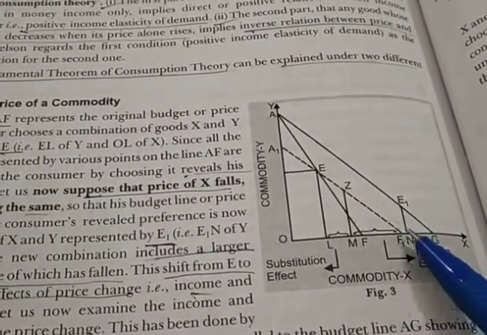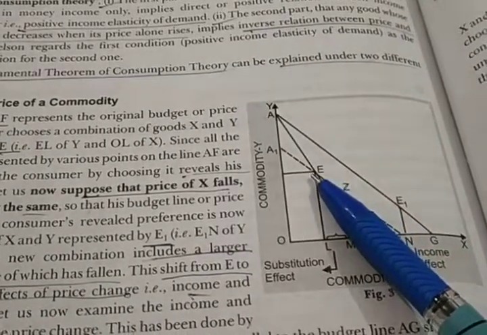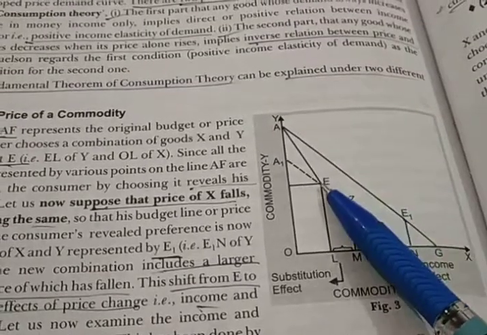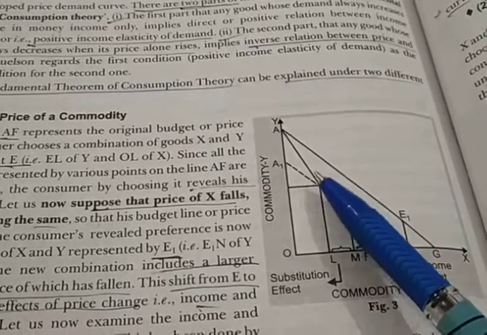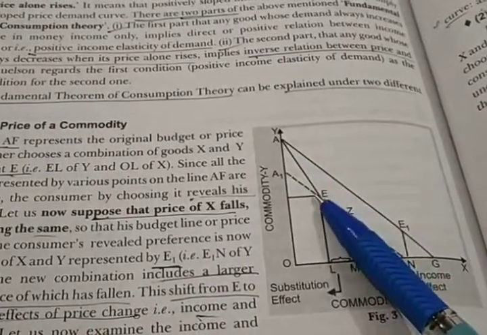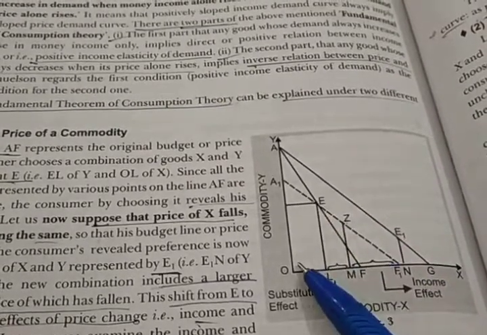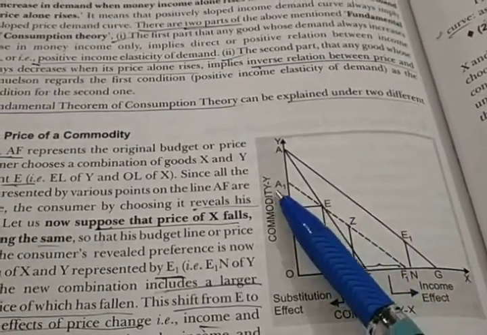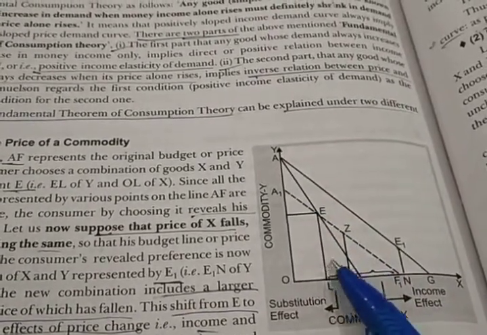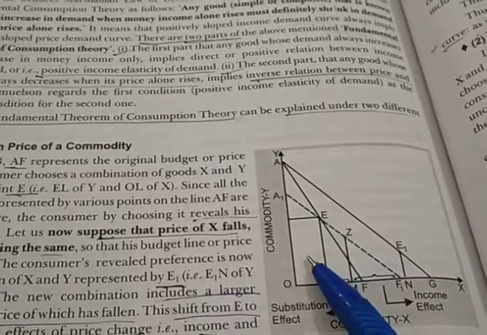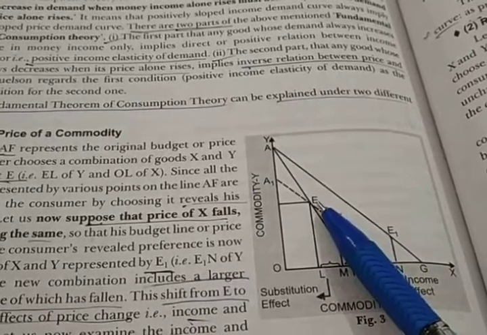Now on this very new price line A1F1, the consumer will not choose any combination on the part AE, because he has already shown that this very combination is inferior. Similarly, he will not choose any part that is on A1E, because this inside portion was also revealed to be inferior by him when he had chosen E combination in the first instance.